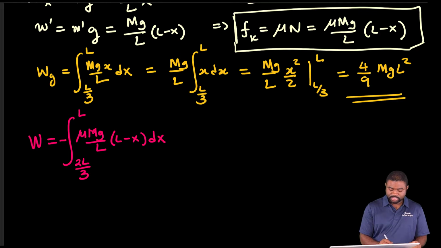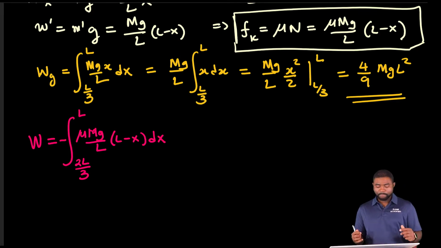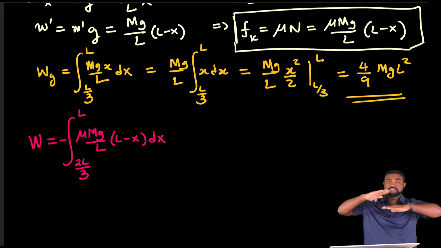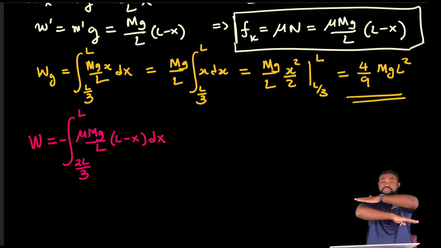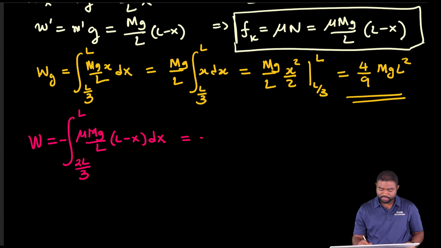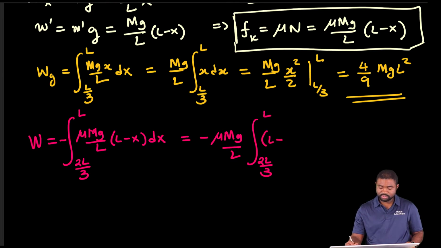dx. Now there is a negative sign here because the friction force is acting to the left, but the displacement is to the right. So cosine theta is equal to -1. And if that is the case, we have negative mu capital Mg over L, the integral from 2L over 3 to L of bracket L minus X dx.